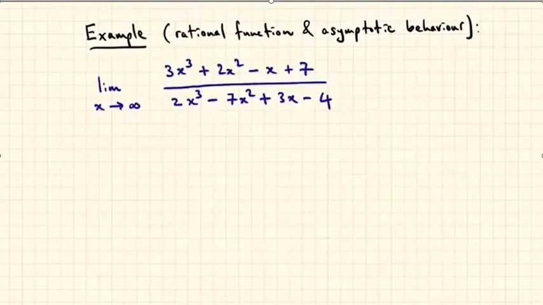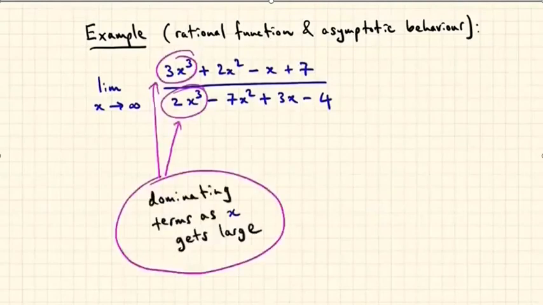The leading terms in the numerator and denominator involving x cubed have been circled as they will dominate the expression as x gets large. The remaining bits and pieces involving lower powers of x start to look insignificant by comparison with the leading terms when x is large.